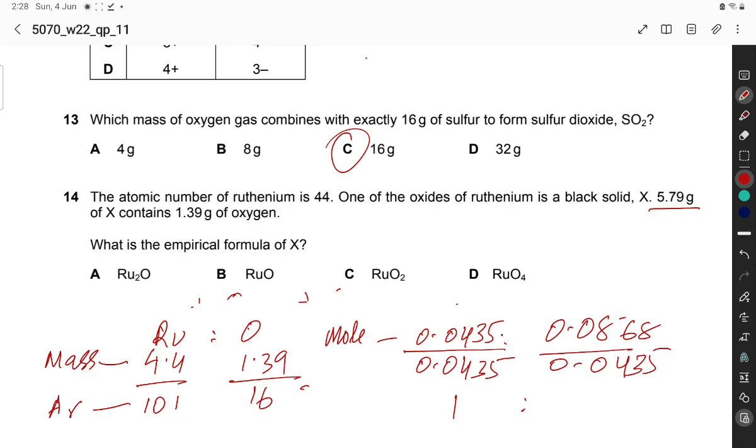It is equal to 1.9. This is 2 and the formula is RuO2. C option is correct option.